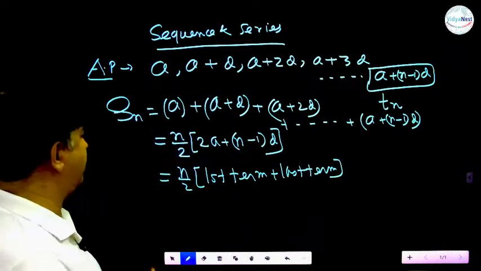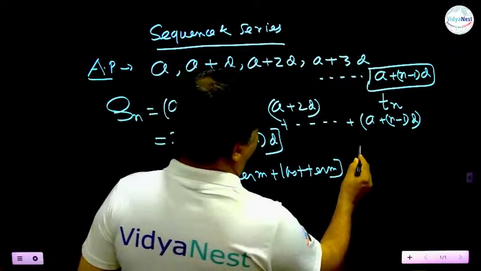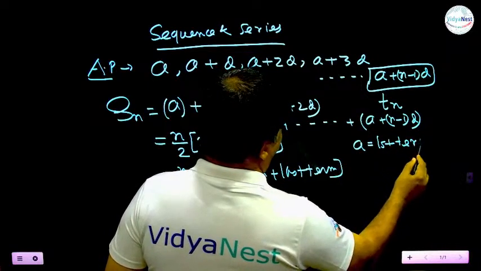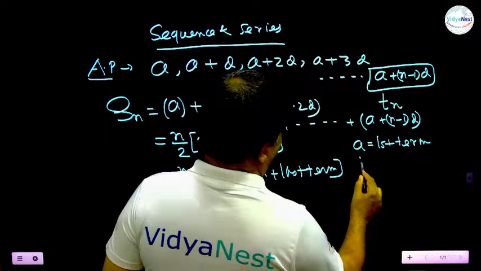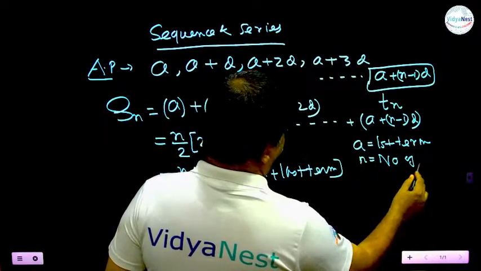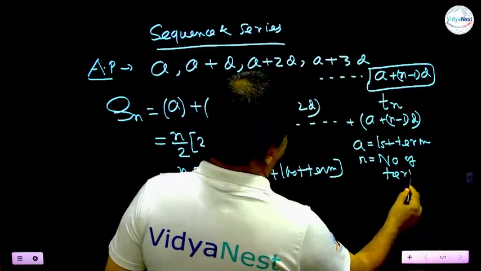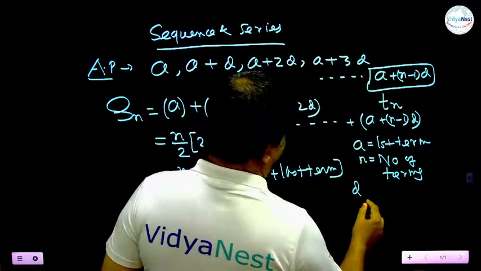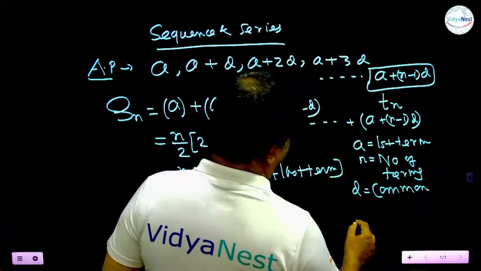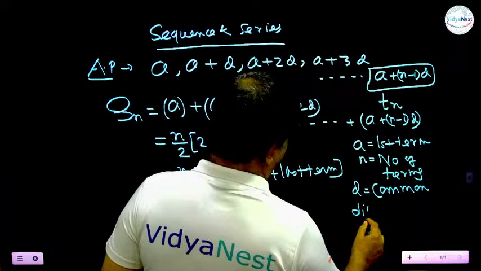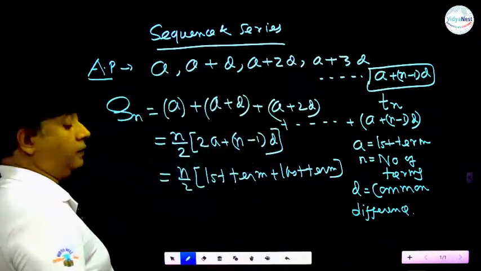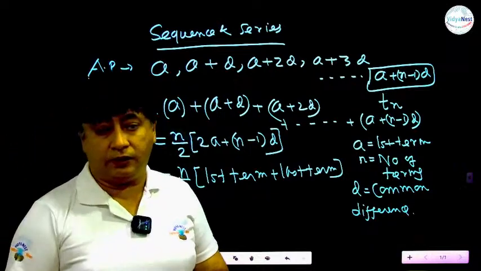Here a is the first term, n is the number of terms, and d is the common difference.